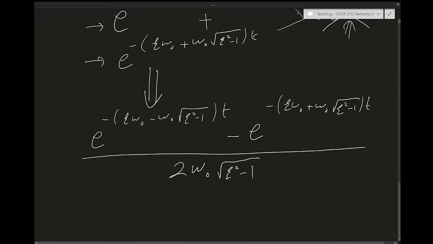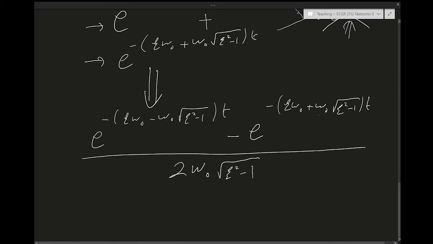This is a peculiar constant to choose, because what happens now is if ζ approaches 1, the denominator becomes 0. So what happens here when ζ approaches 1? I end up with this thing, e^(-ζω₀t).